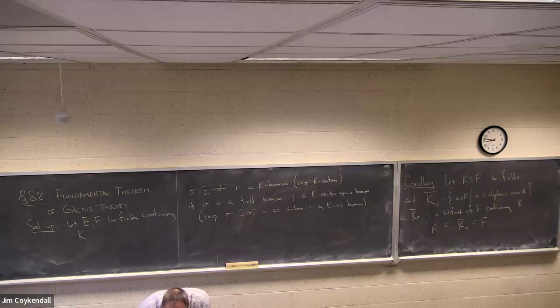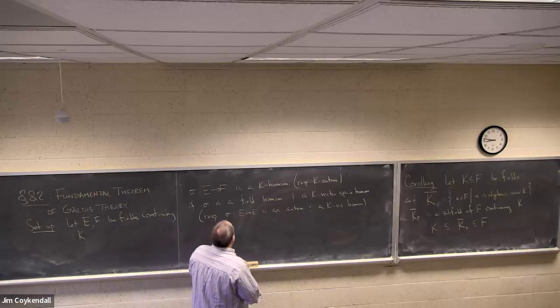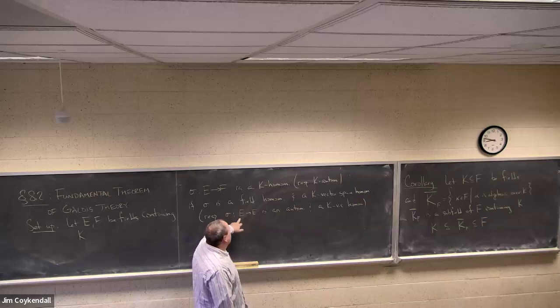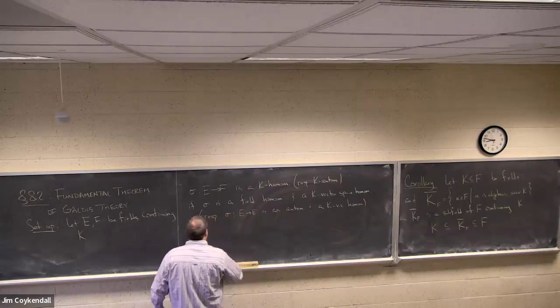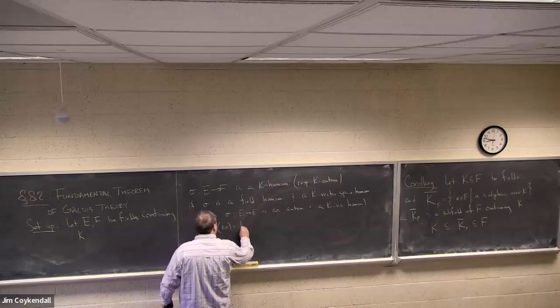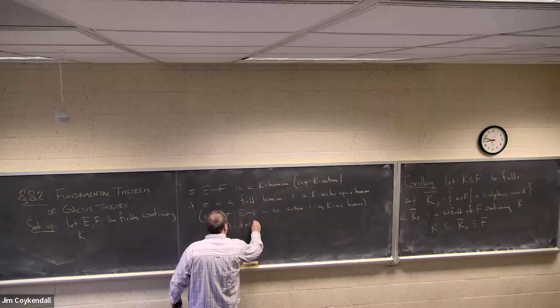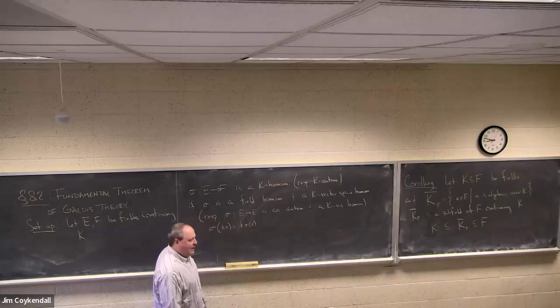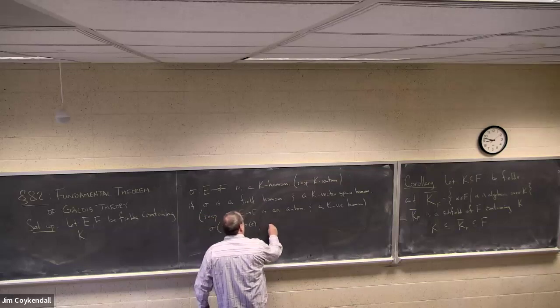So what's the significance of this? Well, basically this just means it's a ring homomorphism, all right? So sigma of E1 plus E2 is sigma E1 plus sigma E2. Sigma of E1 times E2 is sigma E1 times sigma E2, right? But it also means that sigma of K times E is K times sigma E. So what does that mean about the effect?